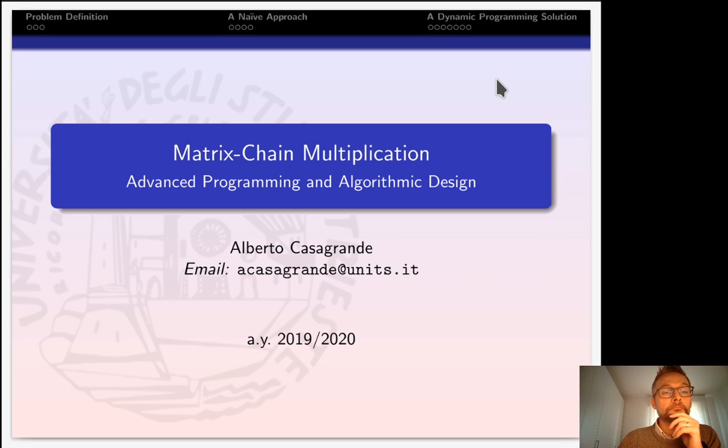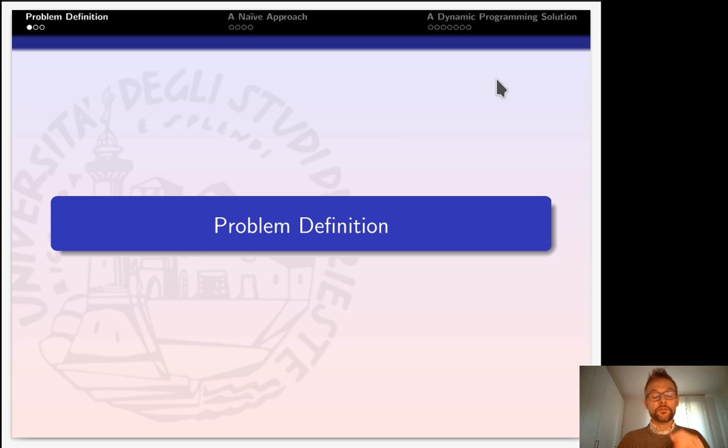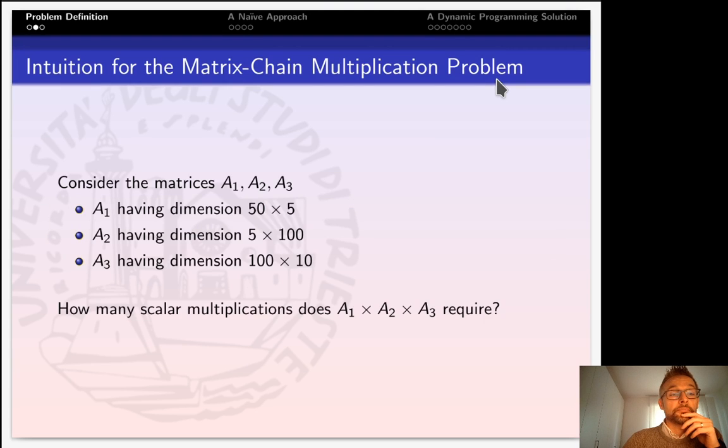Okay, so first of all, of course, we need to define the problem, and to define the problem, let's have a look at a small example. Let's consider three different matrices having different dimensions. A1 has dimension 50 by 5, so 50 rows, 5 columns. A2 has dimension 5 by 100, so 5 rows and 100 columns.